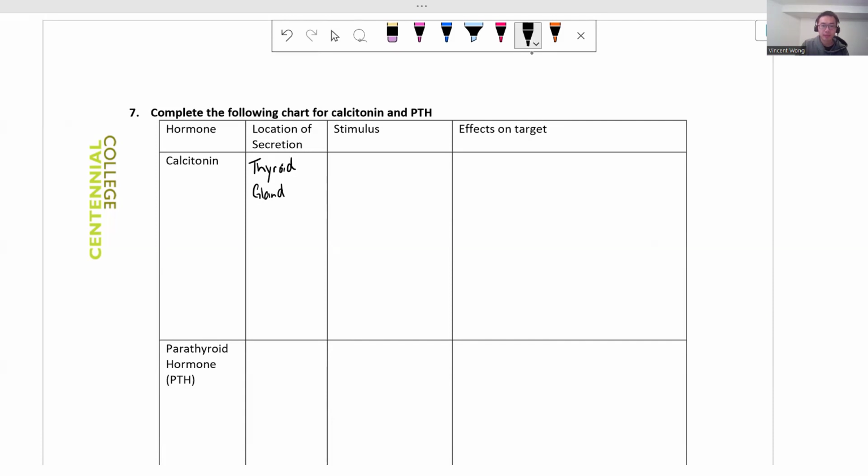Stimulus: high blood calcium. Again, when there's a calcium increase, you need calcitonin to bring it back down. What does it do? Deposit calcium into bone.